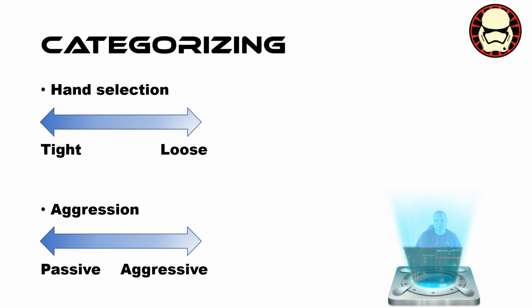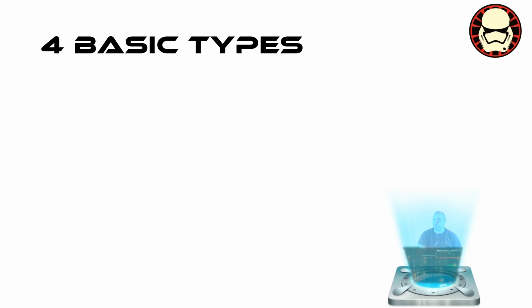And to make our life simple, we just say that a player is either tight or loose, and he's either passive or aggressive. So we take the extreme ends of the spectrums. So we have two categories with two possibilities. We combine those, and in the end, we get four basic types of players.